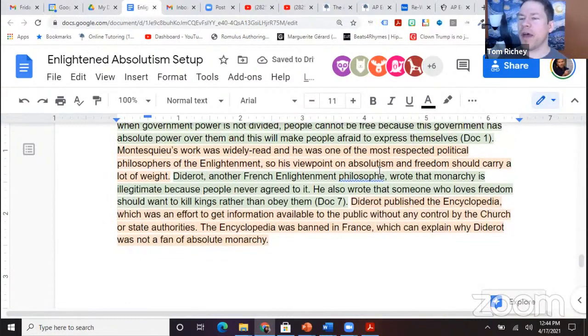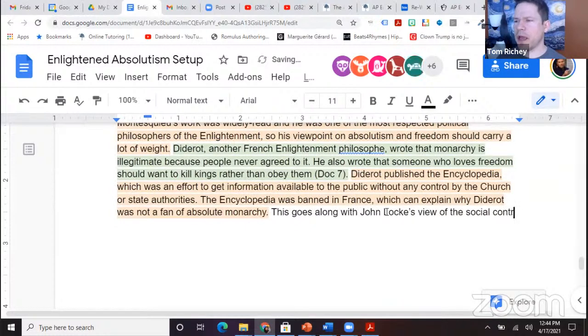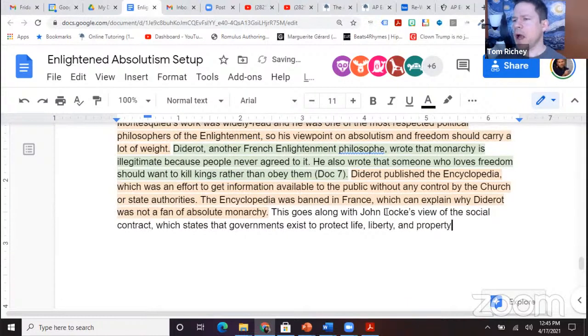All right, so with that, then I'm going to go into some outside evidence. So this goes along with John Locke's view of the social contract, which states that governments exist to protect life, liberty, and property.